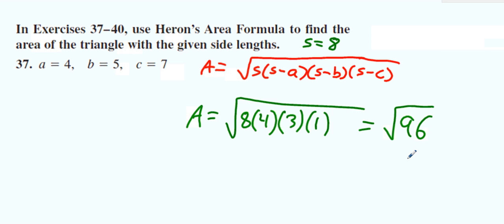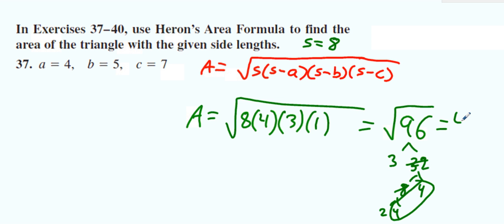And then you could simplify this. It's 3 and 32. 8 and 4. 2 and 4. So a pair of 4s with 6 left over. So 4 square root 6 is the area. So that's units squared.